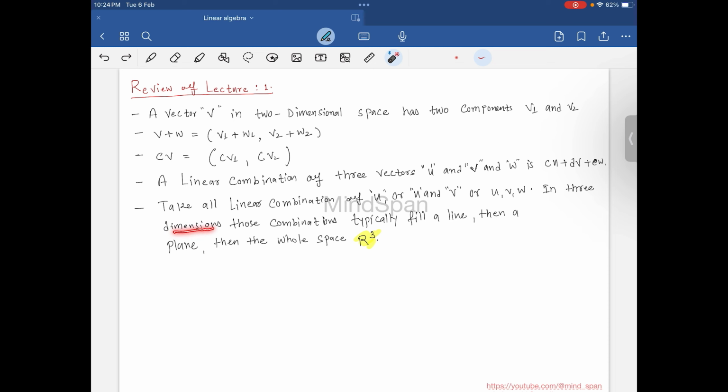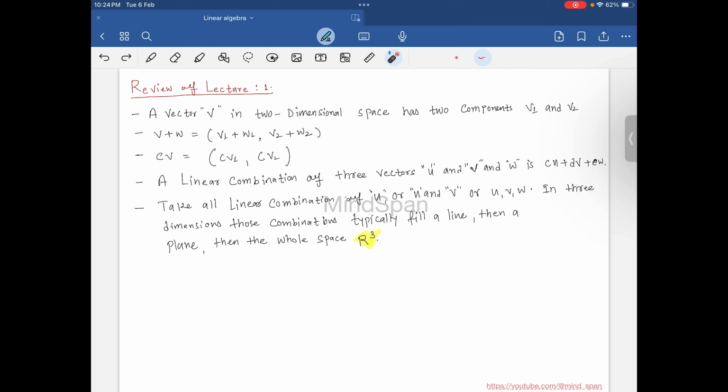In 3 dimensions, those combinations typically fill a line. So if you are taking only one vector, then it is going to fill a line. C times u obviously is going to fill a line, and we have looked at all these things in a very detailed manner, right?